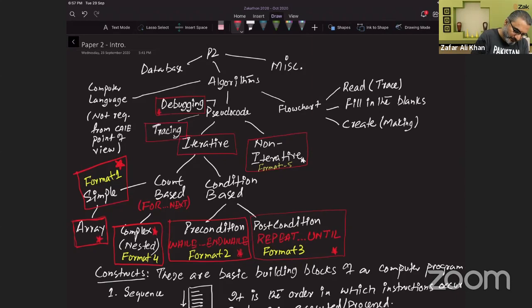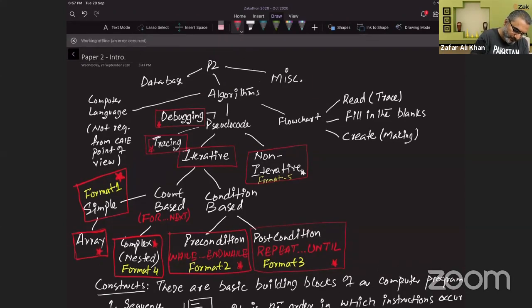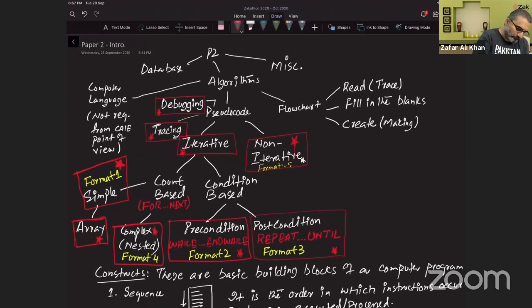Everything now is finished at this part. All pseudocodes in all conditions are done, and computer language is not required.